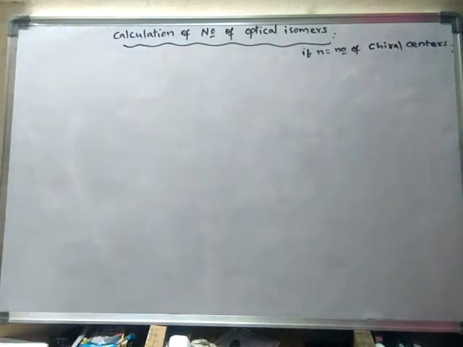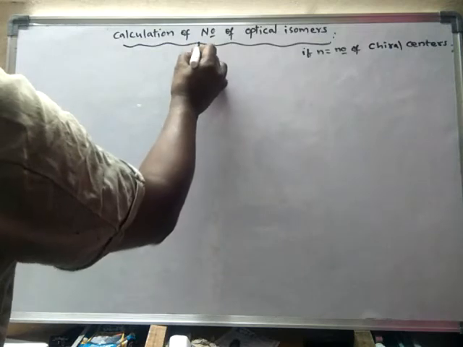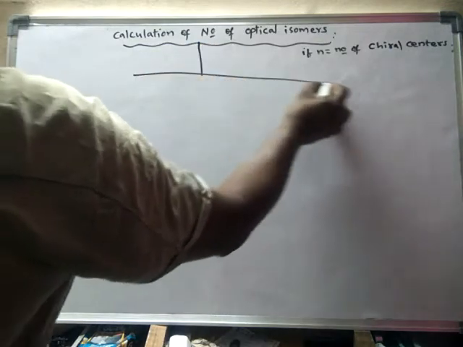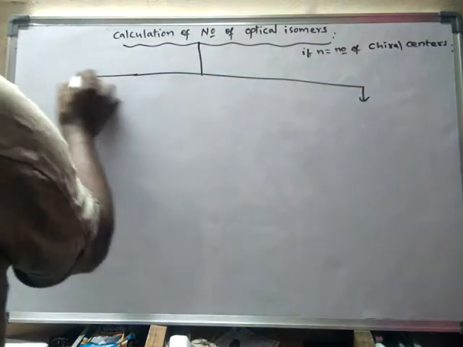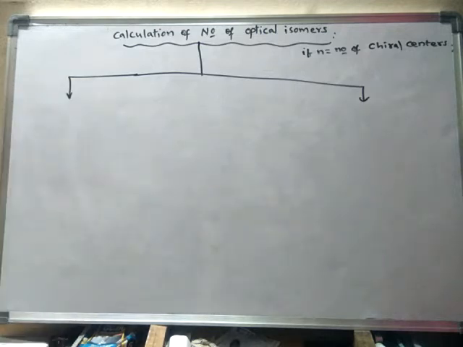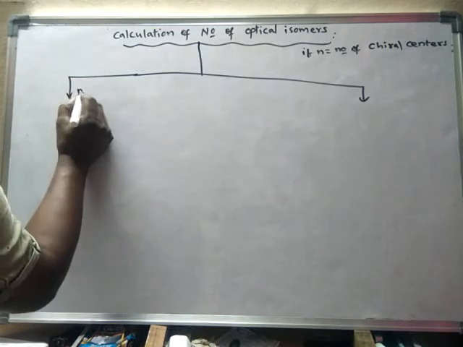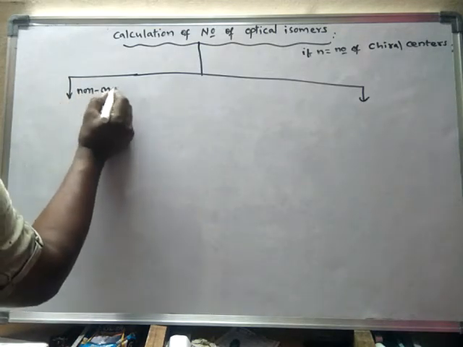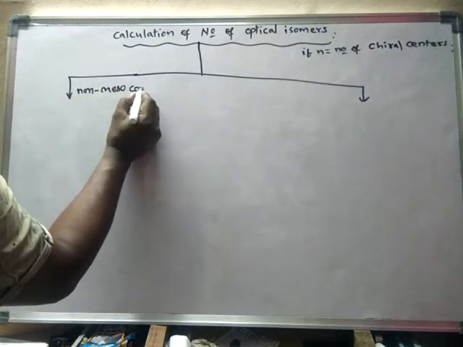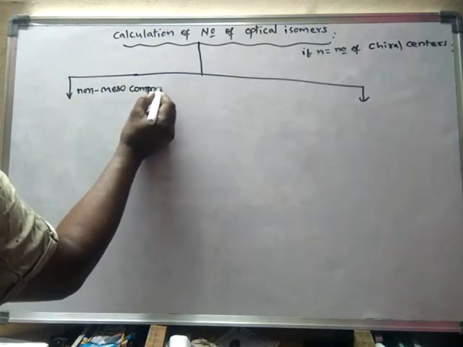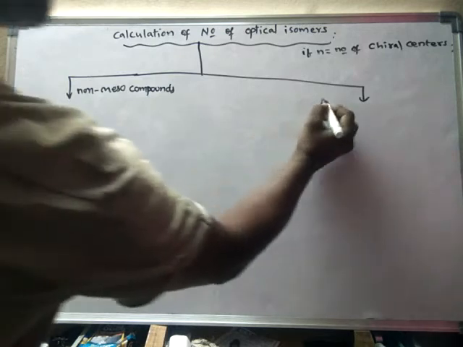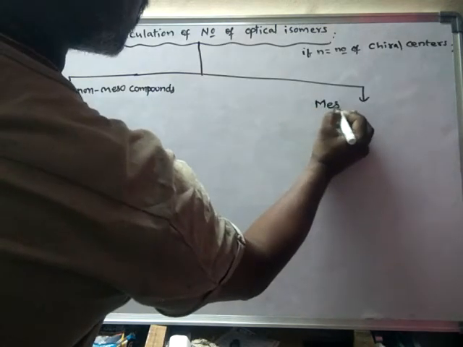If n is the number of chiral centers, then the number of optically active forms can be known in two ways. For non-meso compounds we use one formula, and for meso compounds we use another formula.